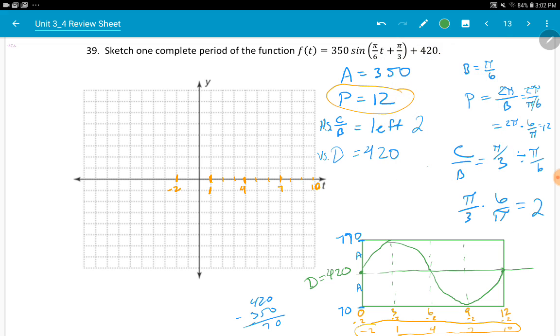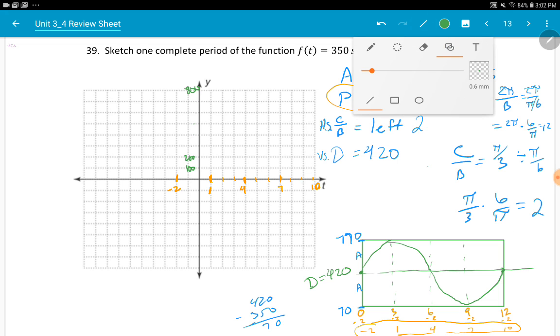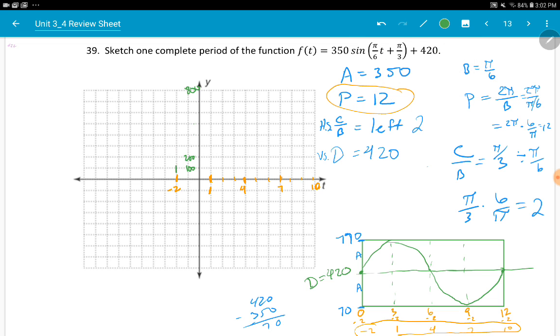So for the placement above the t-axis, let's count by, let's see here, 1, 2, 3, 4, 5, 6, 7, 8. I guess I'll have to count by hundreds. So 100, 200, all the way up to 800. It goes up to about 770. So my reference rectangle starts at -2, starts at 70, so right about here, and up to 770.